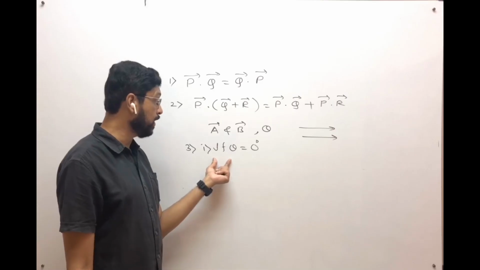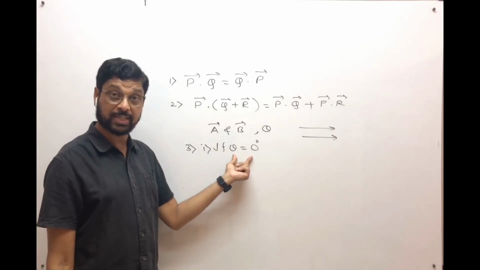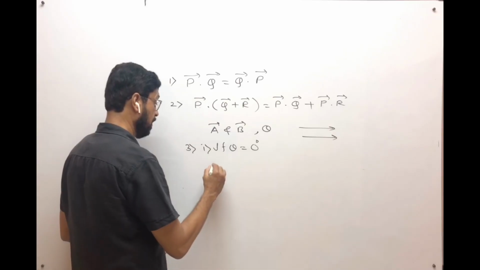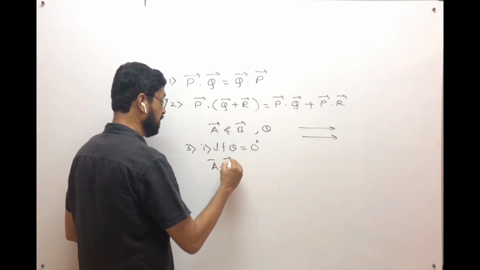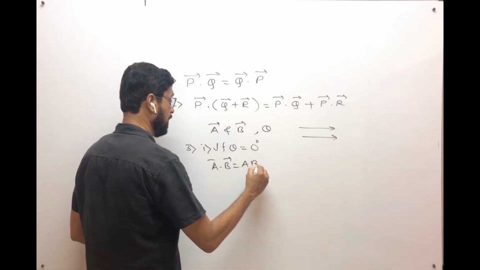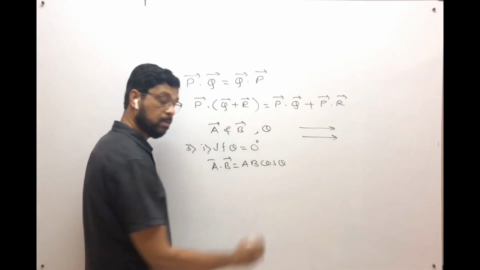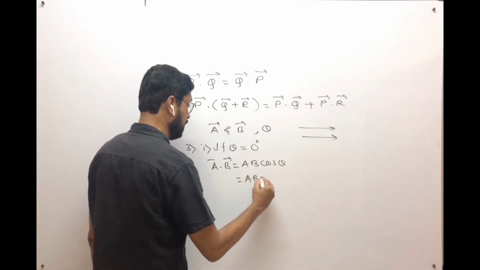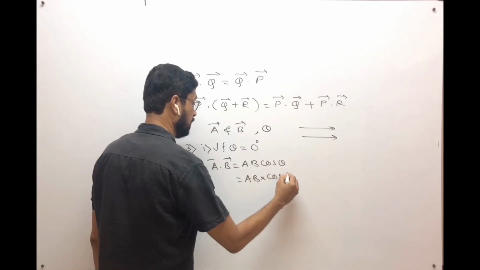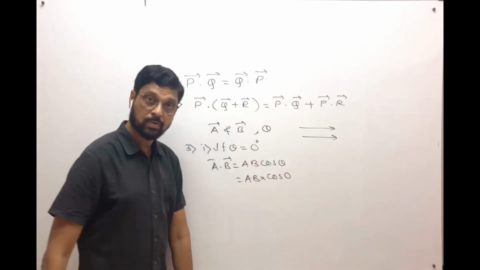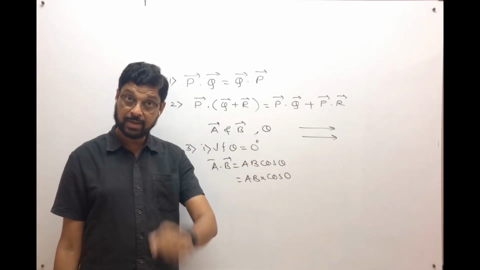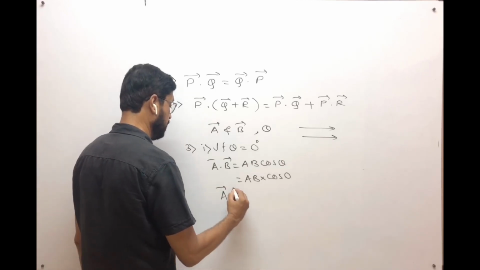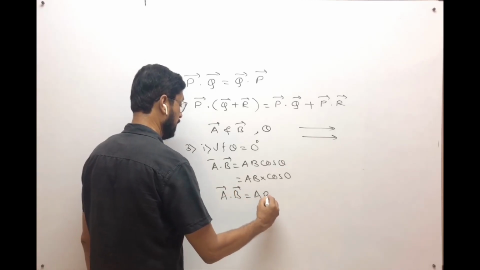So if two vectors are parallel to each other, means theta is equal to 0 degree, then what will happen? A dot B is equal to AB cos theta, or you can say it is AB into cos of theta. कितना है 0, and cos of 0 is 1, means A dot B is equal to AB.